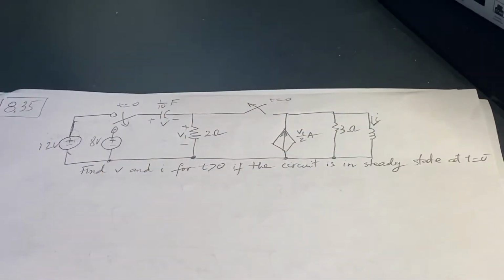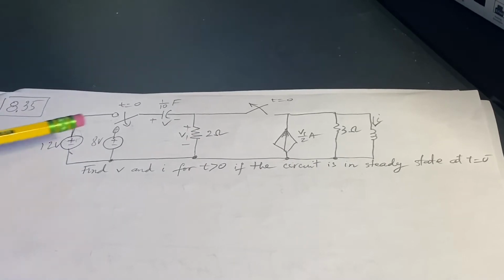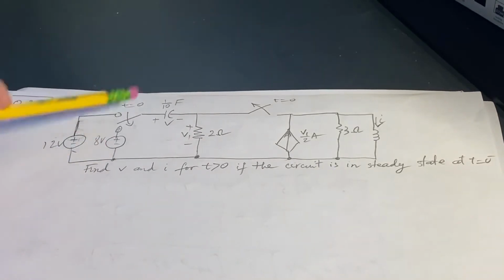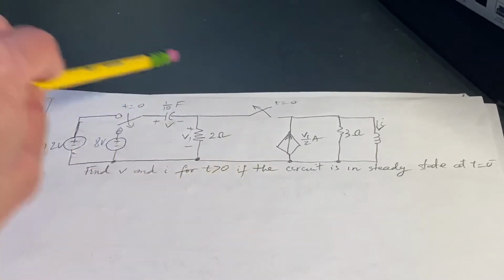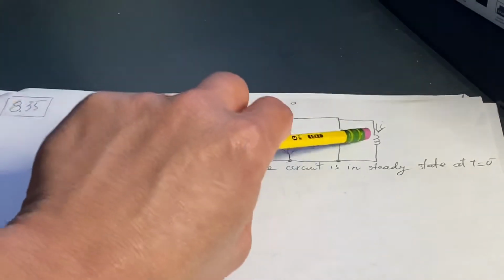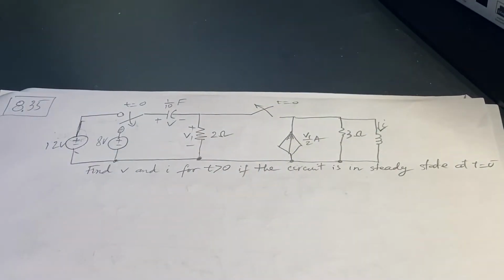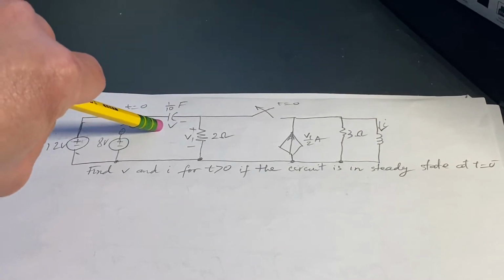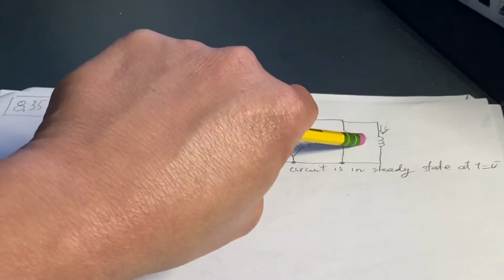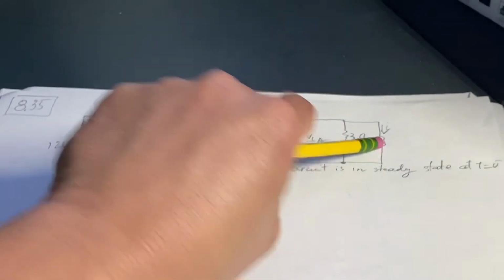Having this circuit with two sources, two switches, one dependent source, one capacitor, and one inductor. The question asks us to find the voltage right here and the current of the inductor right here.